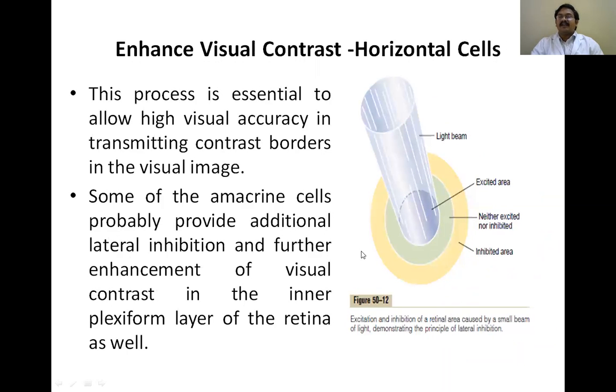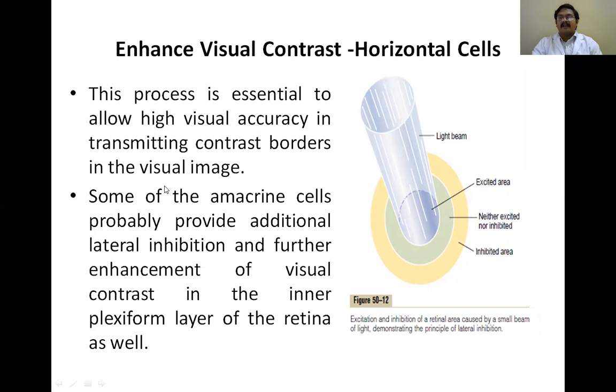This process is very essential for high visual accuracy in transmitting the contrast border of the visual image.